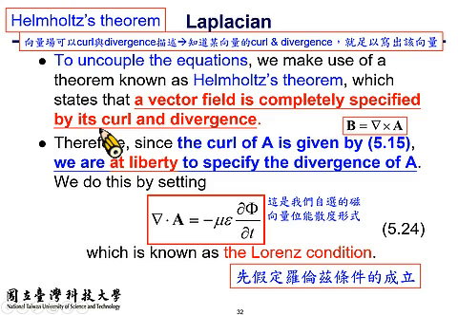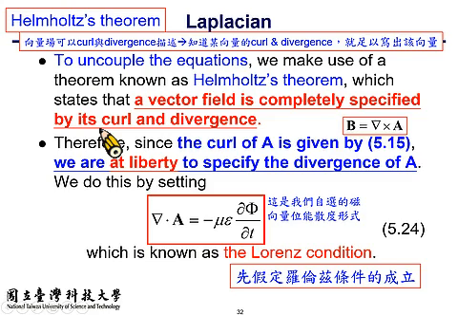assumption at the very beginning, we are at liberty to specify the divergence of A. Well, because so far it didn't tell you what the divergence of A shall be.